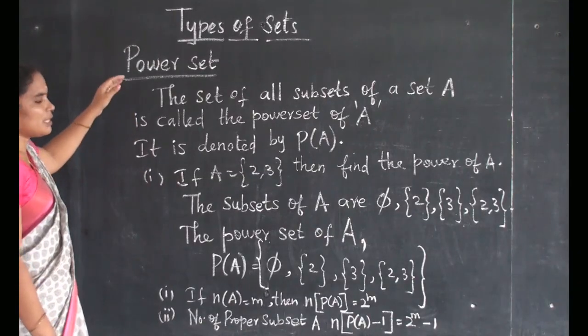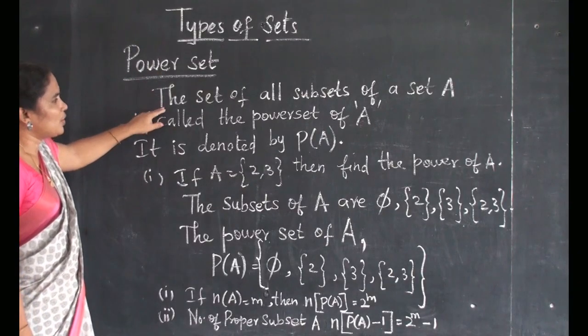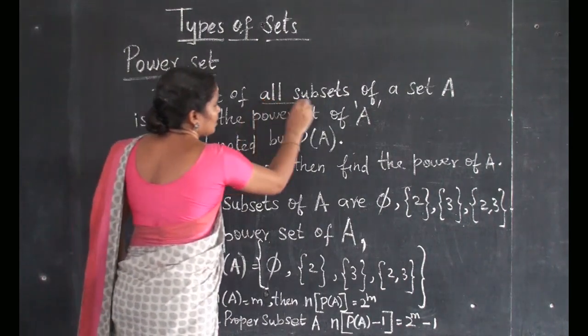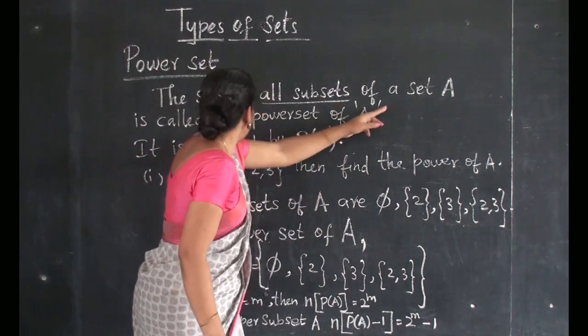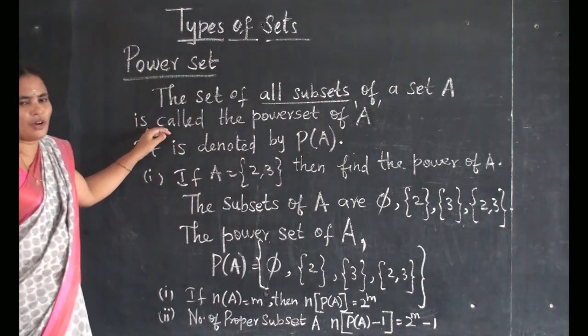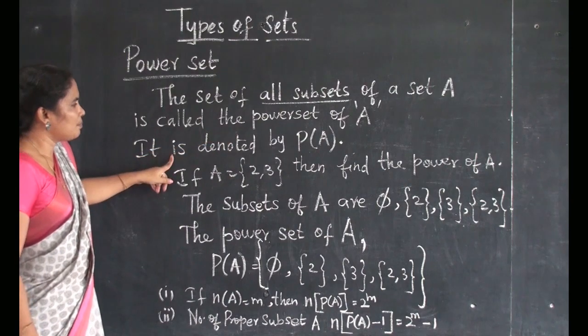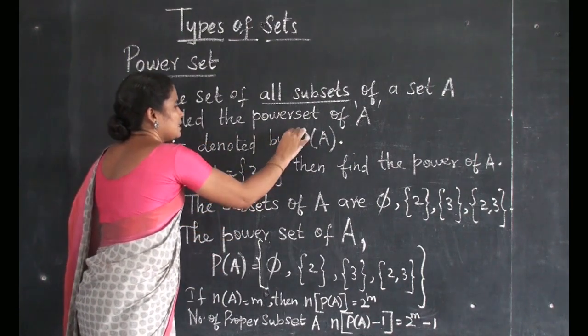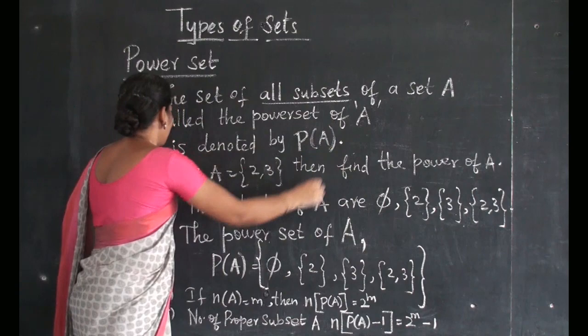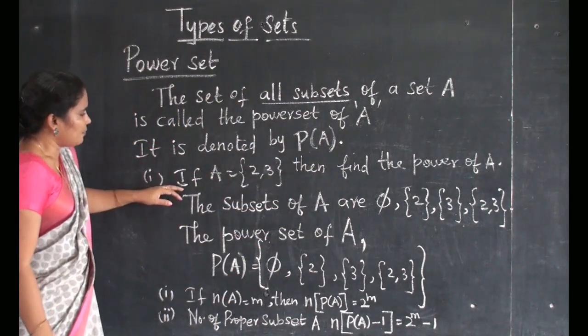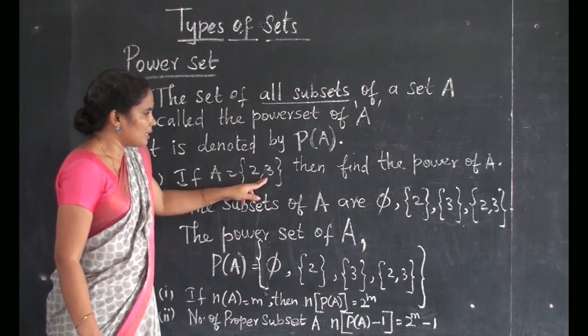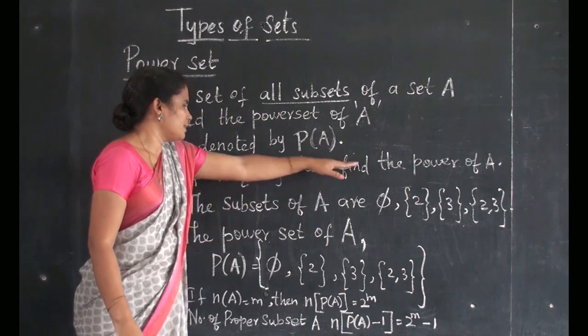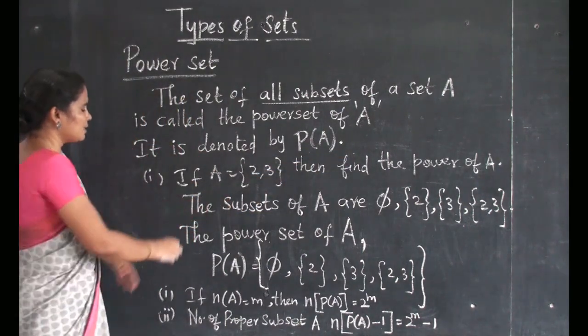Now let us see what a power set is. The set of all subsets of A is called the power set of A. It is denoted by P(A). If A = {2, 3}, then find the power set of A. How can we find the subsets?